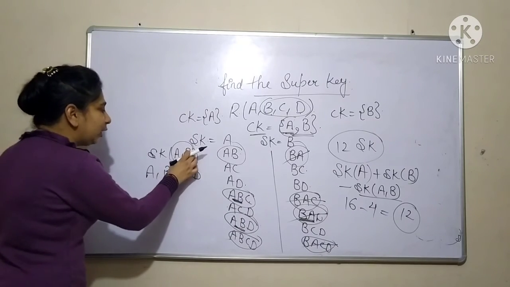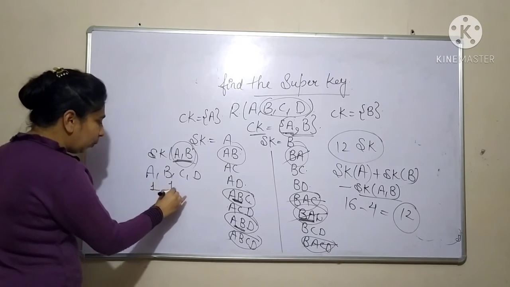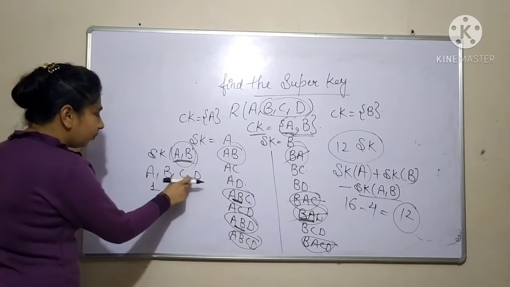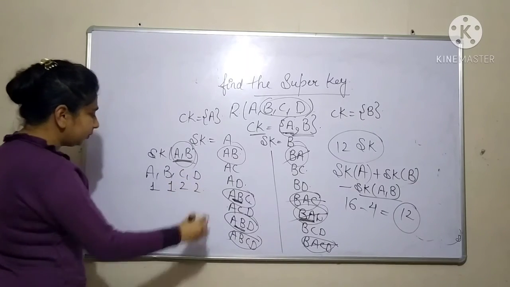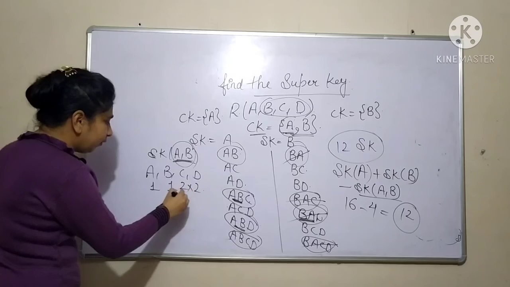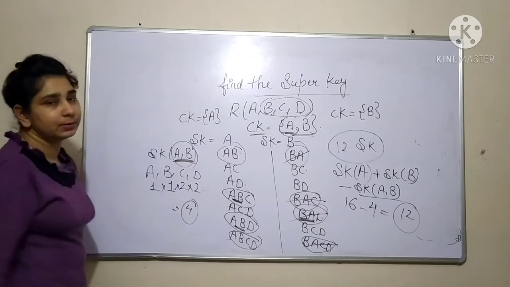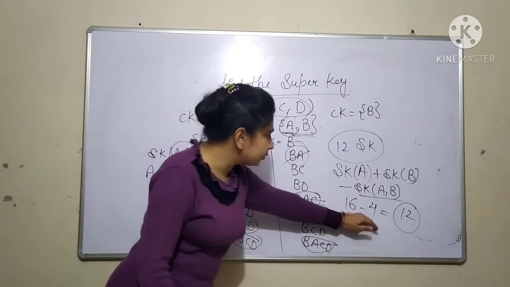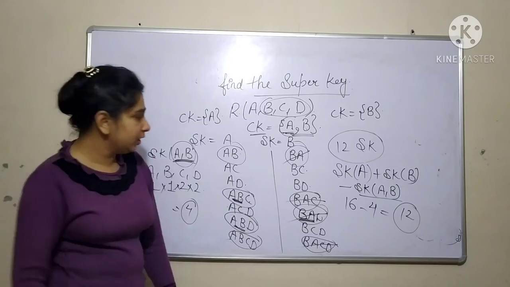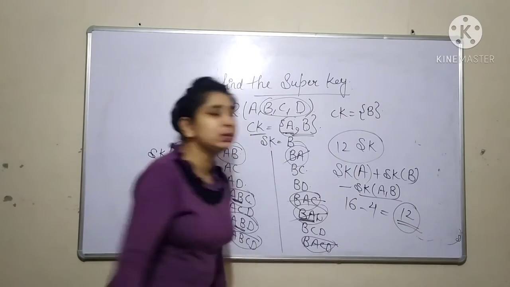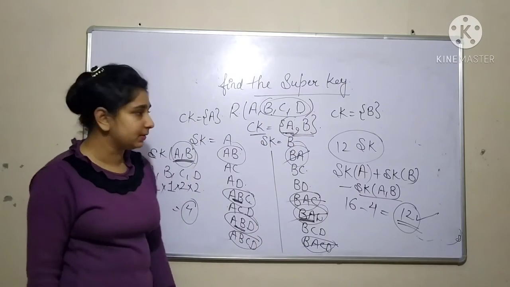It is definitely going to be present in your super key, so one possibility. For both attributes C and D, we have two possibilities each. So we have 4 super keys possible with it, and we subtract it. So how many total super keys are we getting? We are getting 12 super keys.